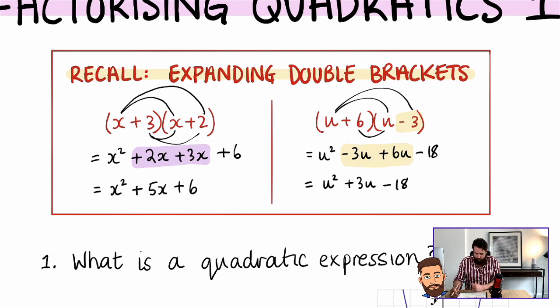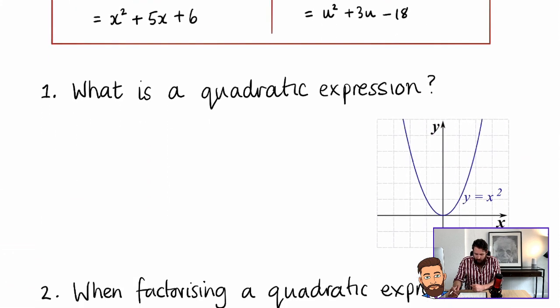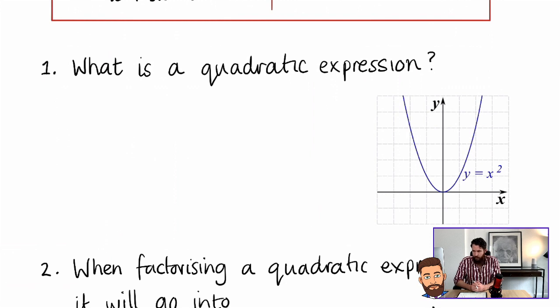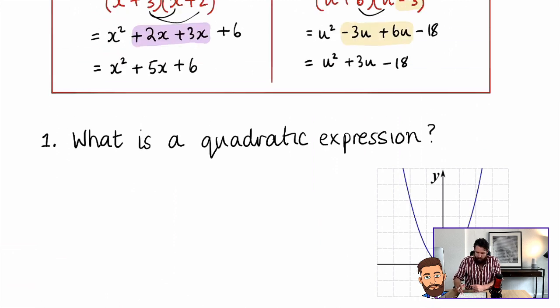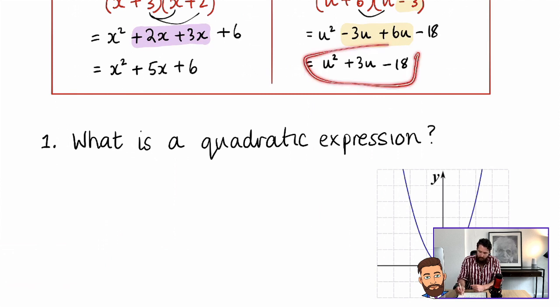So, what is a quadratic expression? We should start there. Well, we've just seen that these are quadratic expressions. I've told you they are. But what are they? In maths, we always want a generic way to explain something and show some sort of formula that can be applied to any situation with any numbers.